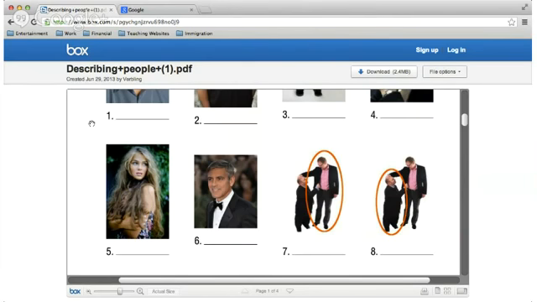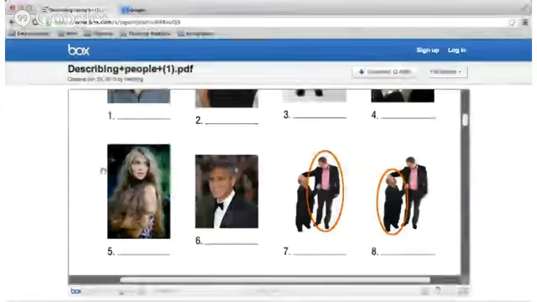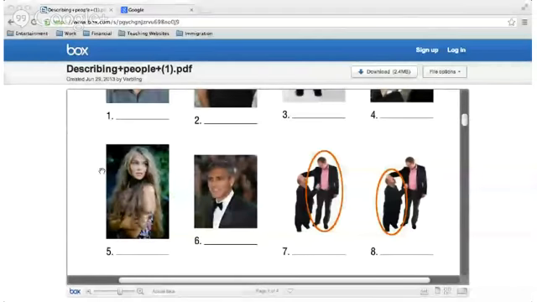What are some other words, Iso, that we can use to describe someone or something that is beautiful? Pretty. Any other words? Cute.